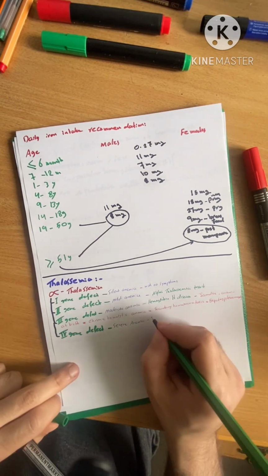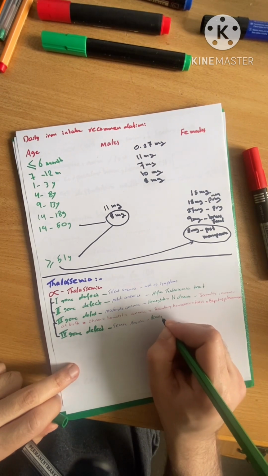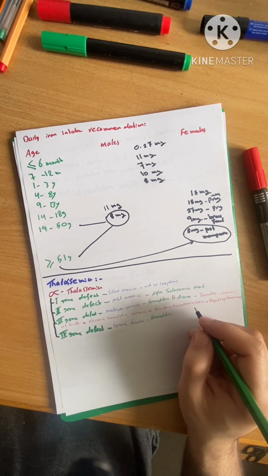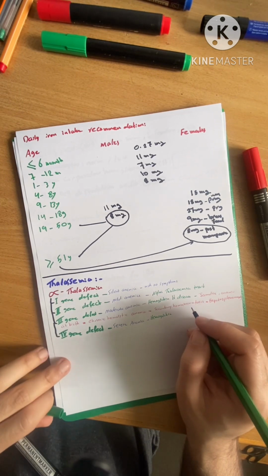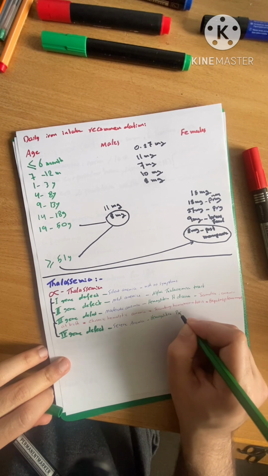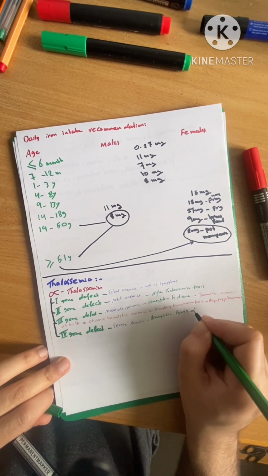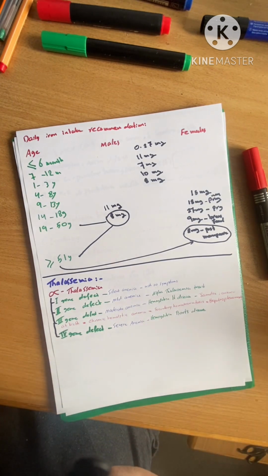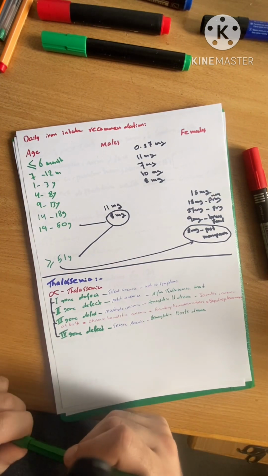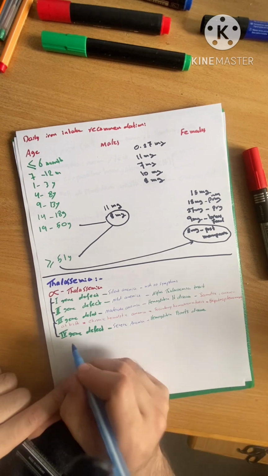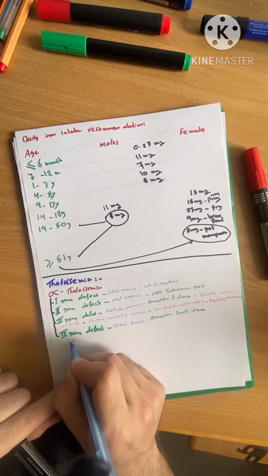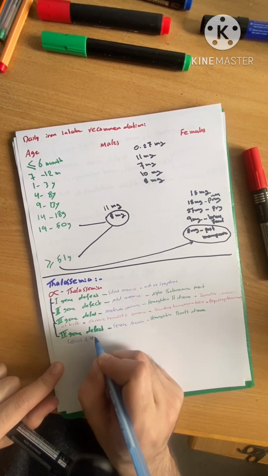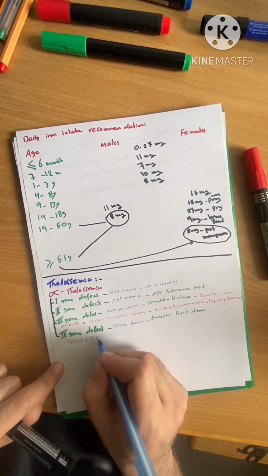Also called hemoglobin Bart's disease. It also consists of 4 gamma chains.